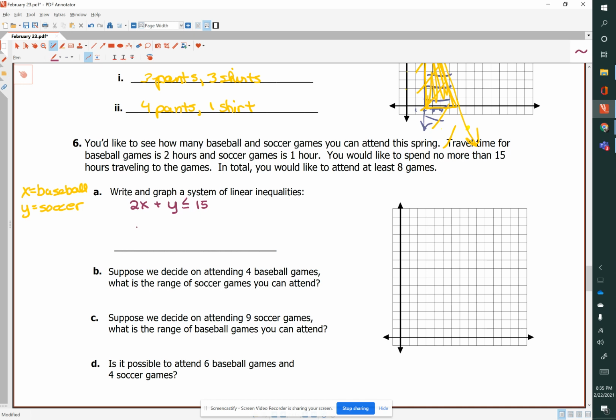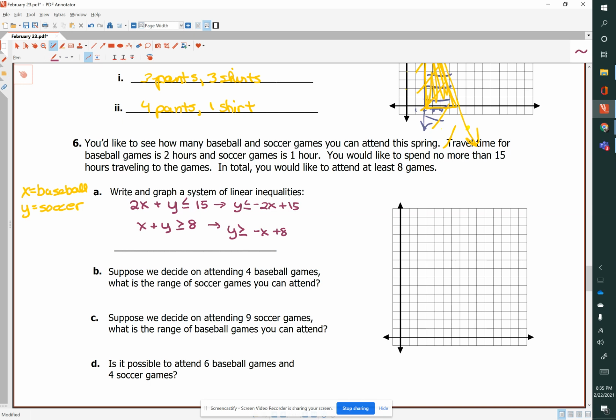And the total of baseball games plus soccer games must be greater than or equal to 8 because you want to go to at least 8 games. So in slope-intercept form, for the first inequality, y is less than or equal to negative 2x plus 15. And for the second inequality, y is greater than or equal to negative x plus 8.